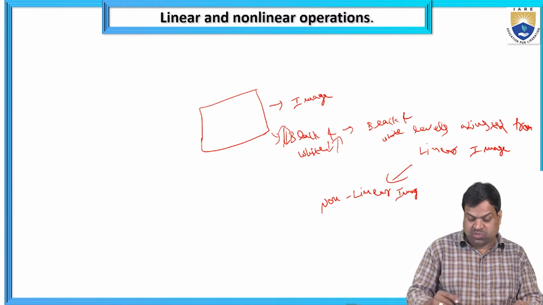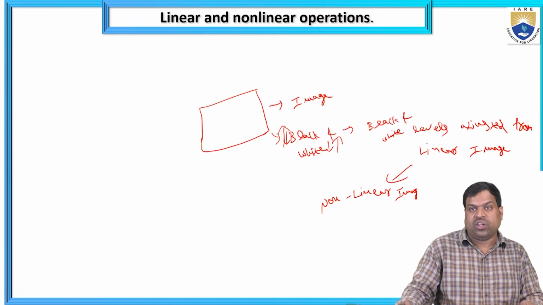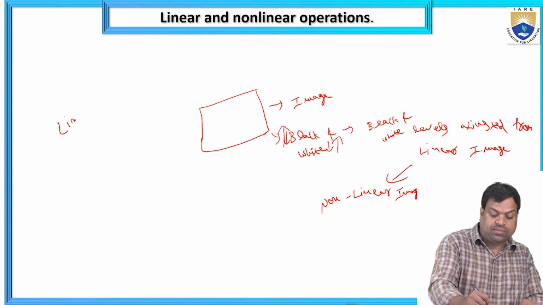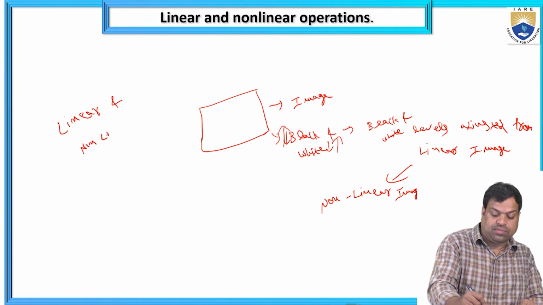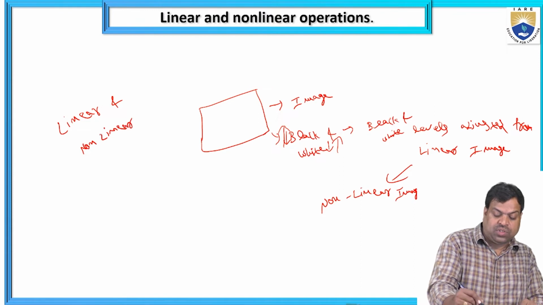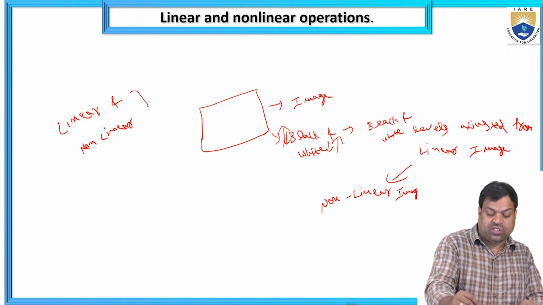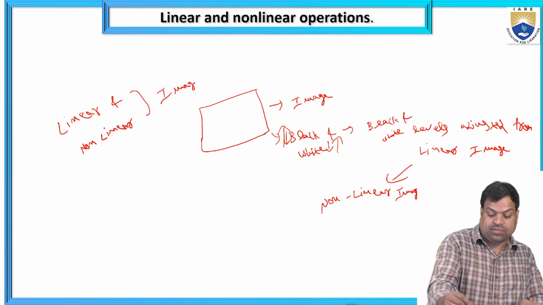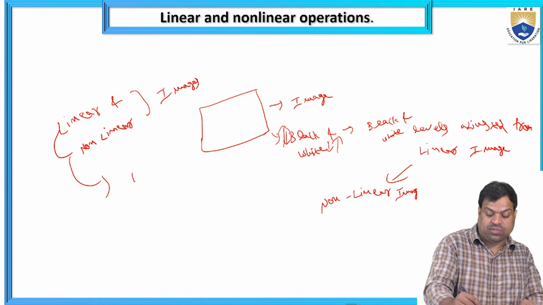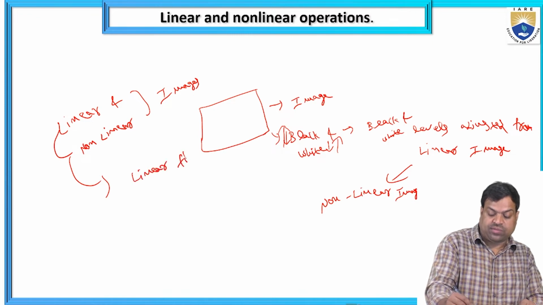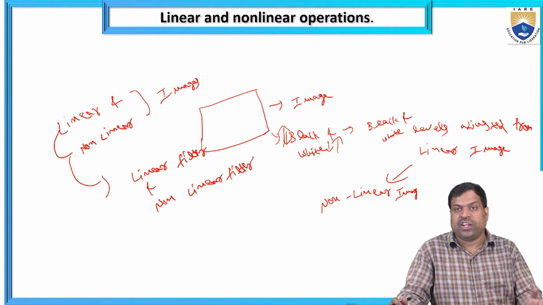In the previous discussion, we had linear and nonlinear images, but here I am discussing linear filters and nonlinear filters. So what is a linear and nonlinear image, and what are the linear filters and nonlinear filters?